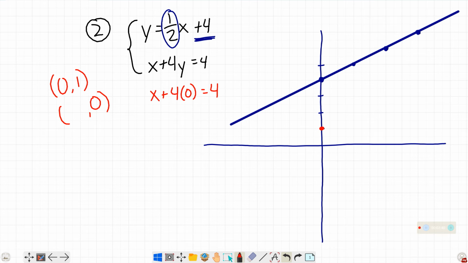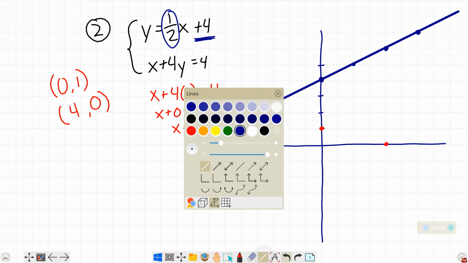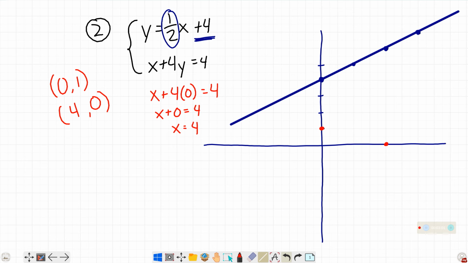And then I have x plus 0, because 4 times 0 is 0. x plus 0 is just x, which means that x has to be 4. So I'm going to go over to (4, 0) on my graph and draw a point. And then I'm going to connect those using a straight edge to form a line.